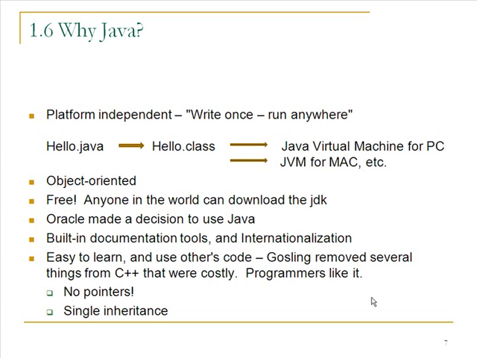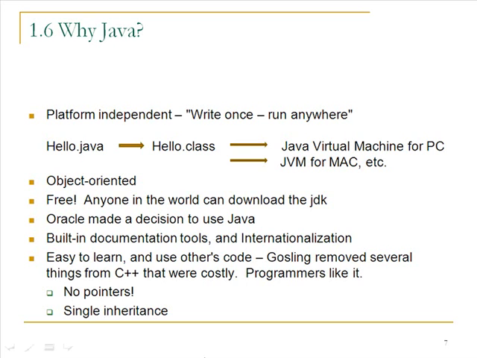And he took out the things from C++ that were costly. Not because they didn't work, but because they were complicated. And programmers like this. They can write code quickly, and they can look at other people's code and understand what it's doing much more quickly than the competing languages, in particular C++.